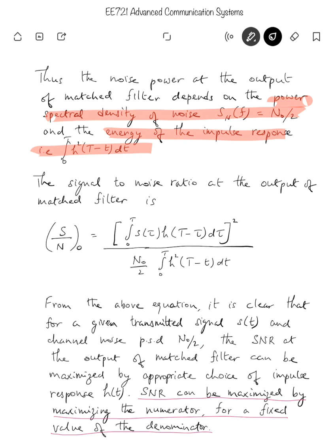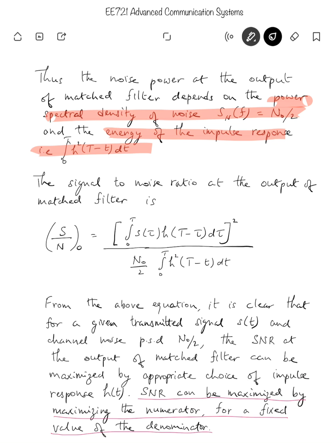We want to maximize the signal to noise ratio by choosing an appropriate impulse response, considering that the denominator is fixed, it's not changing. We will show that by choosing the impulse response to be matched to the signal s of t, the numerator gets maximized, and hence the signal to noise ratio gets maximized.